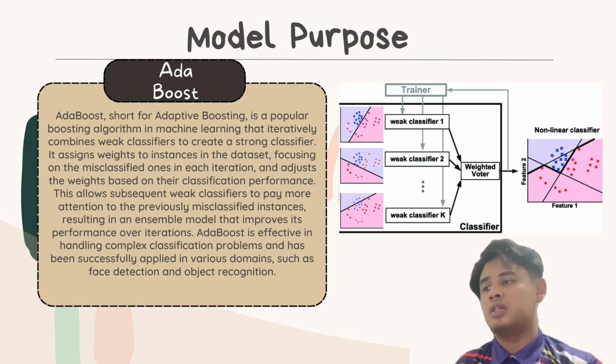This allows subsequent weak classifiers to pay more attention to previously misclassified instances, resulting in an ensemble model that improves its performance over iterations. AdaBoost is effective in handling complex classification problems and has been successfully applied in various domains, such as face detection and object recognition.